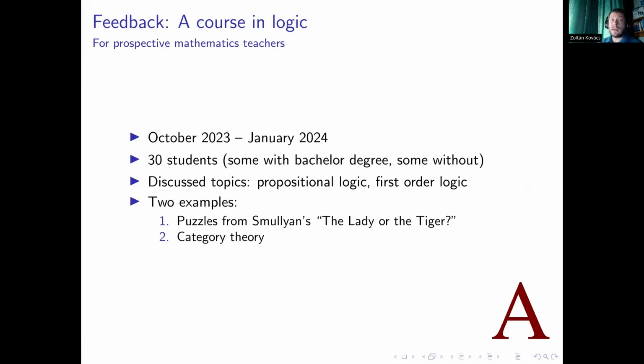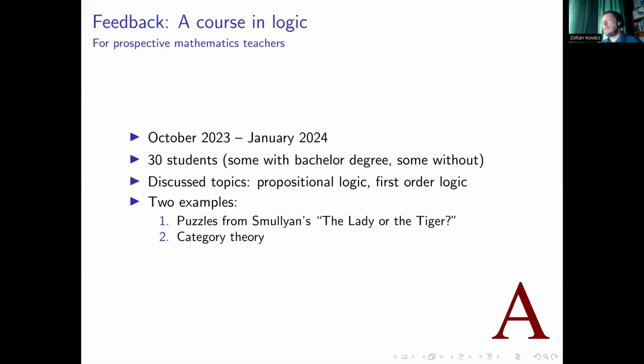GNU Aris was not the only software system we used to visualize and explain some concepts of logic. We used other systems, for example, GeoGebra Discovery, or the SAT solver MiniSat, Mathematica, Wolfram Alpha for propositional logic too.